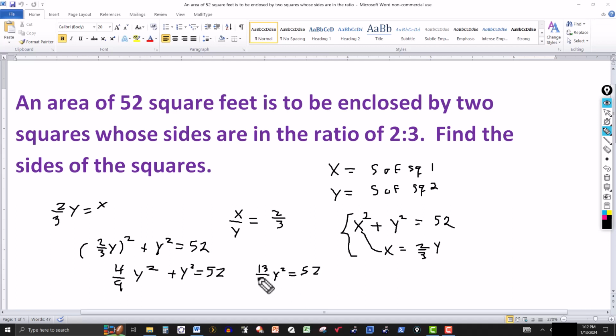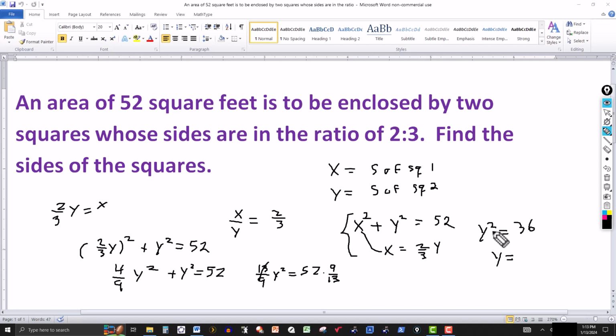Then we multiply both sides by the reciprocal of 13/9, which is 9 over 13. This side cancels out, so I get y squared is equal to, and 13 into 52 is 4, and 4 times 9 is 36.